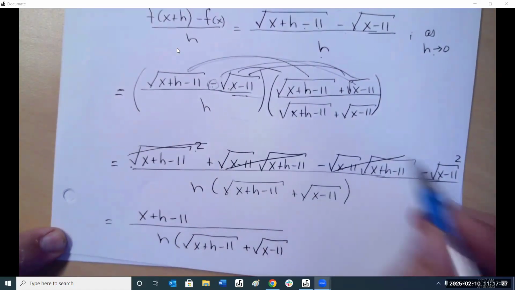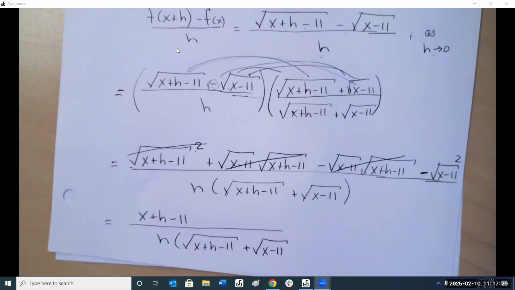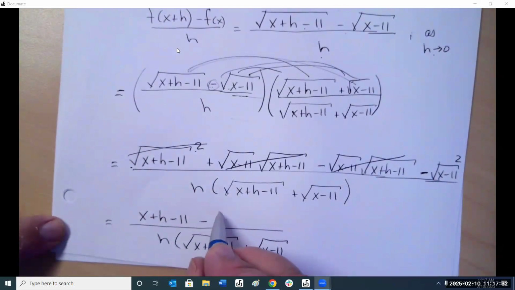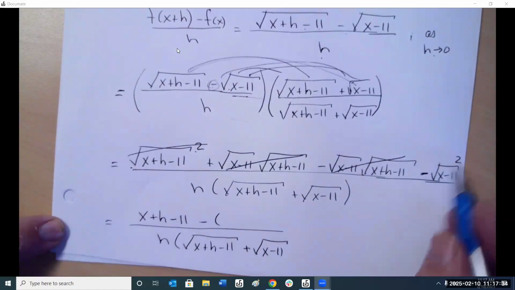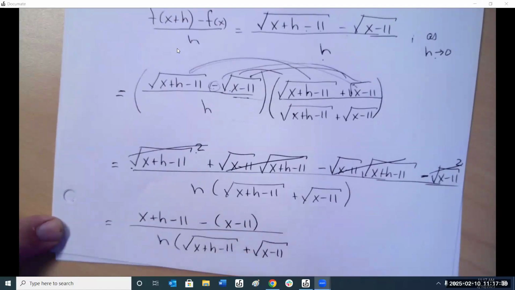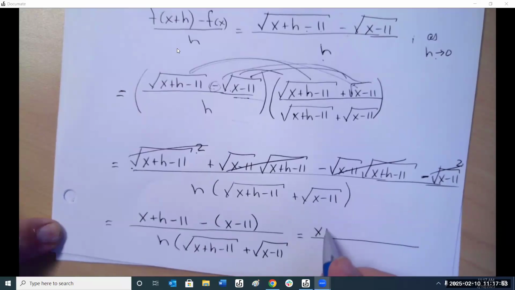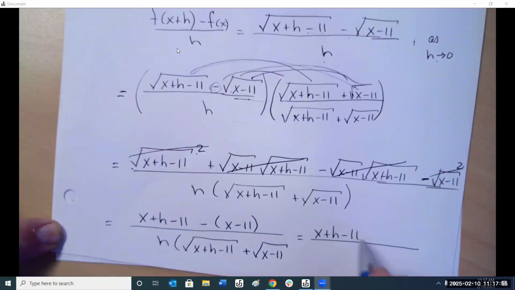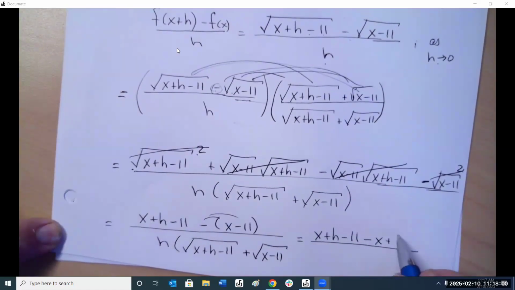This and this cancel. Minus x minus 11 square root squared, those cancel. So we have x minus 11. x plus h minus 11. Distribute, get rid of the negative, so it's minus x plus 11.